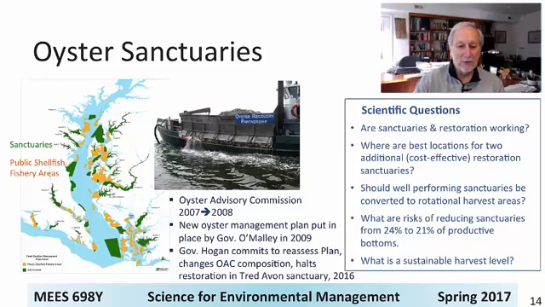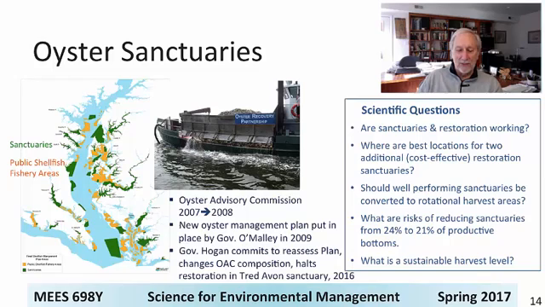When Governor Hogan was elected, with a lot of support from watermen in rural parts of the state, he committed to reassess the plan, and he then just last year changed the composition of the Oyster Advisory Commission, which quite frankly O'Malley had stacked more into the conservation science end, and now half or more of the commission are associated with watermen or harvest interests.